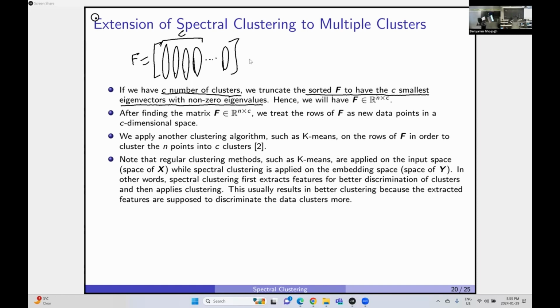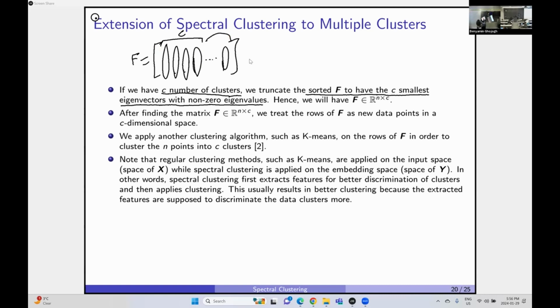Yes, you have a question? So do we grab C minus one? Is it grab the C smallest then drop 0? No, we truncate the sorted F to have the C smallest eigenvectors. So I get C columns, C eigenvectors, and drop the rest of them.